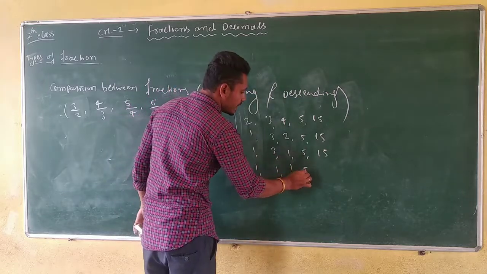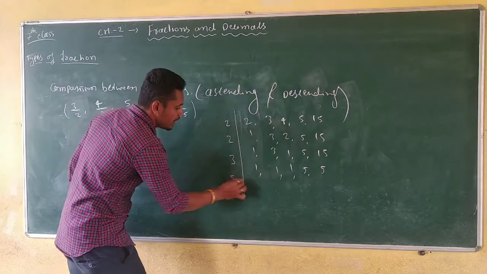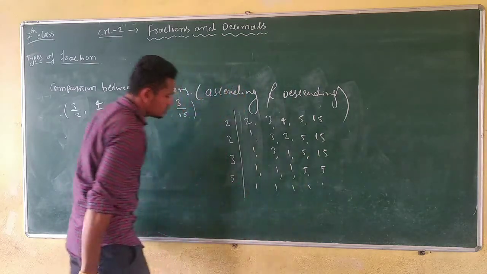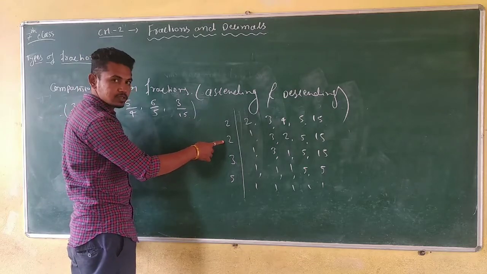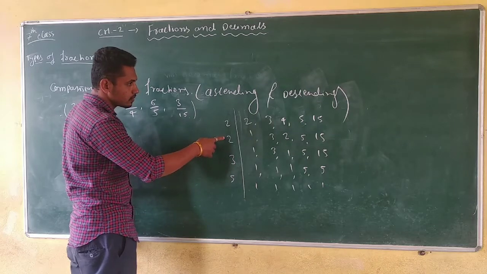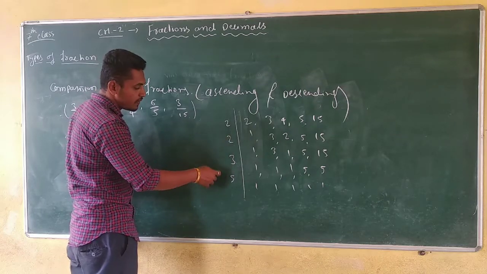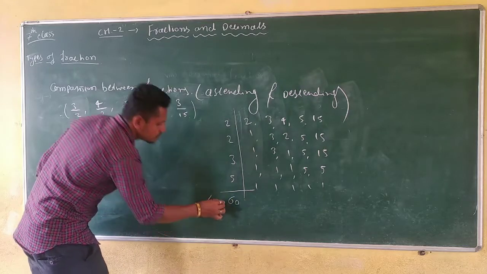Next 5 write as it is, so 3 5s are 15. So 2 2s are 4, 4 3s are 12, 12 5s are 60. So our LCM is 60.